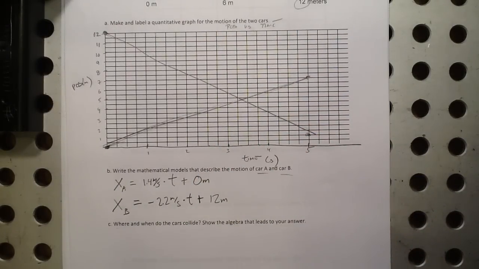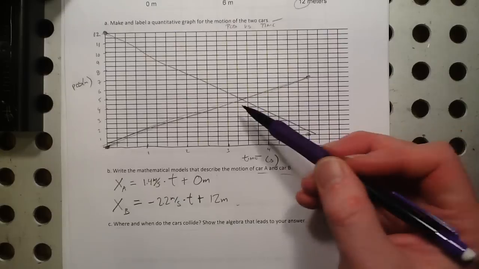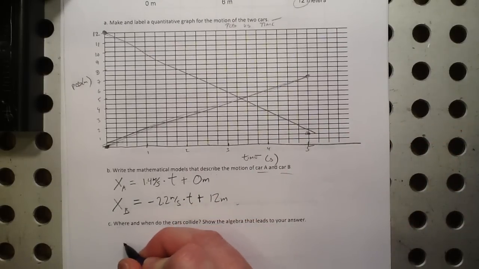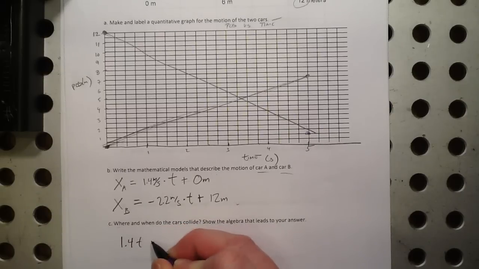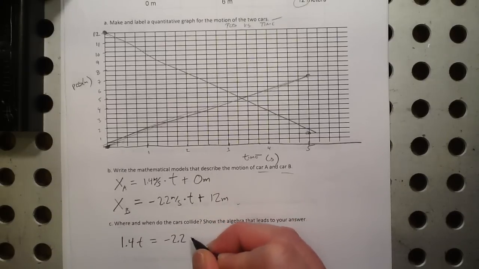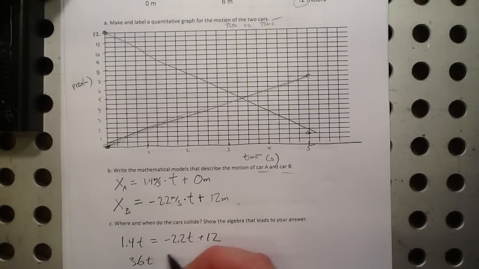And then where and when do the cars collide? Show the algebra. Well, when they collide, they're at the same position, so just set those two equal to each other. 1.4t equals negative 2.2t plus 12. 3.6t equals 12, adding that over to that side.